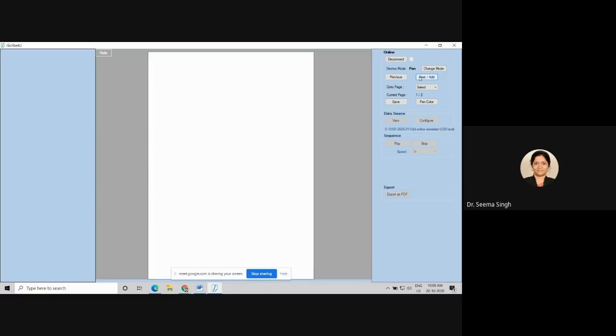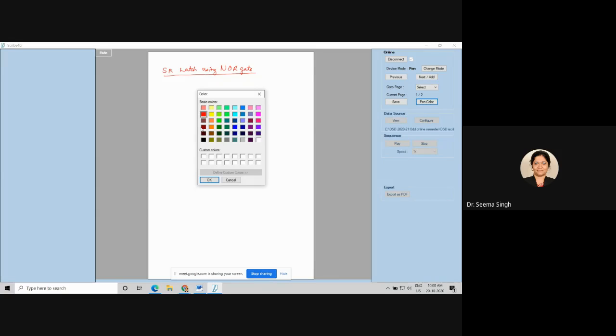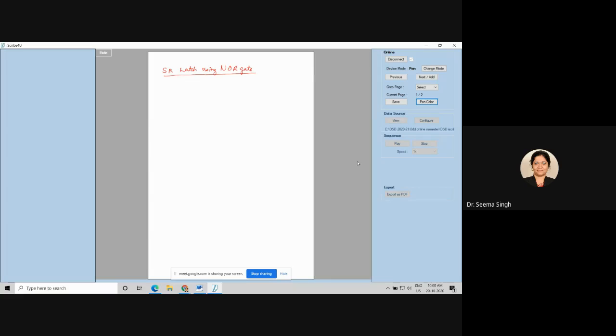So now the second thing we are going to do is SR latch using NOR gate. Now I want you to remember the operation of NOR gate. Then only you will be able to understand. I know that people mug up and do not understand the working properly.